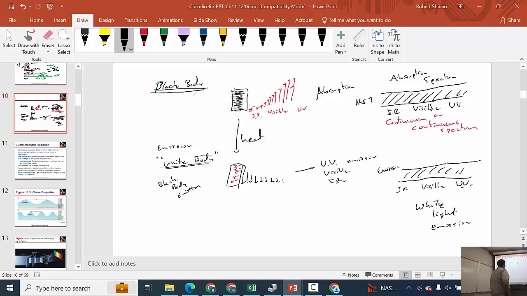So let's take a typical black body. A typical black body would be like a metal, although metal doesn't look black in color. Let me see if I could do this here as a demo. It's a simple demo. It shouldn't be difficult.